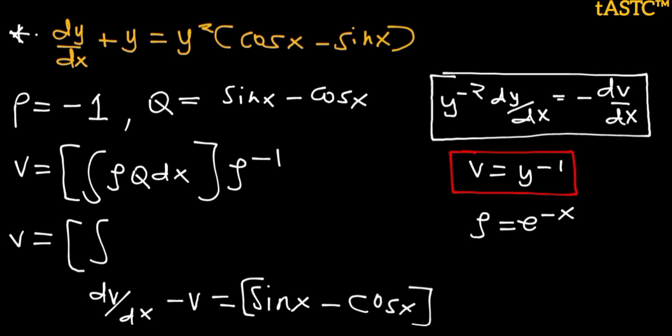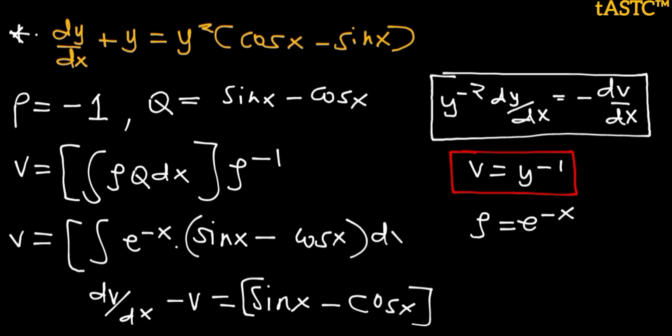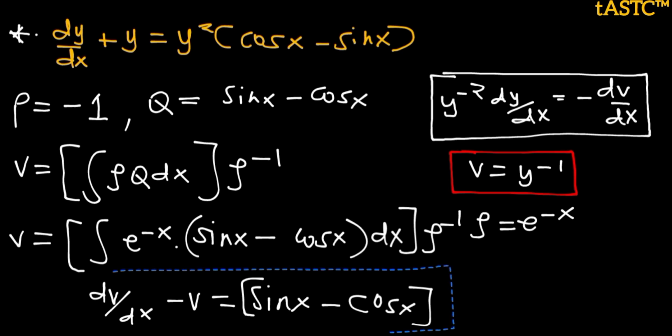We know rho is e to the negative x, and q in this case is sin x minus cos x dx, and this is multiplied by e to the negative x to the negative 1, because rho is e to the negative x. So well, let's just make it gradual.